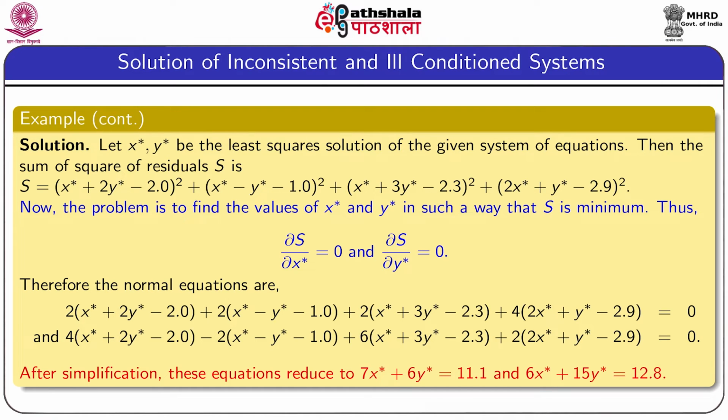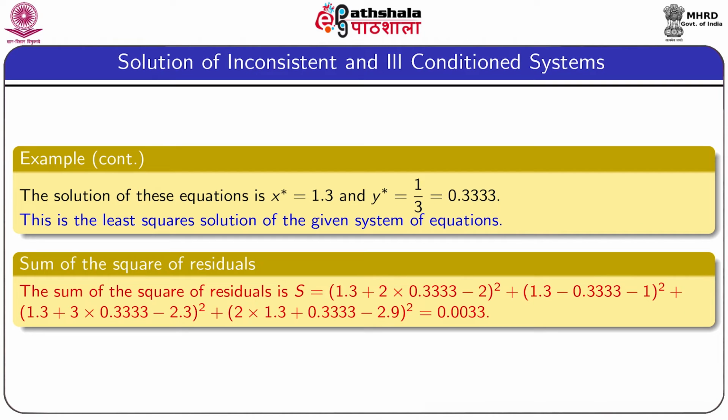After simplification these two equations reduce to 7x star plus 6y star equal to 11.1 and 6x star plus 15y star equal to 12.8. The solution of these equations is x star equal to 1.3 and y star equal to 1/3, taken as 0.3333, correct up to 4 decimal places. So this is the least square solution of the given system of equations.